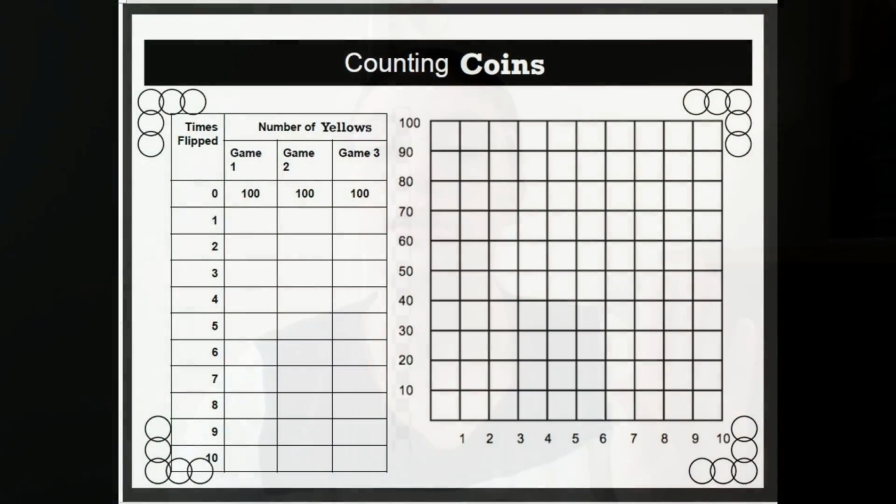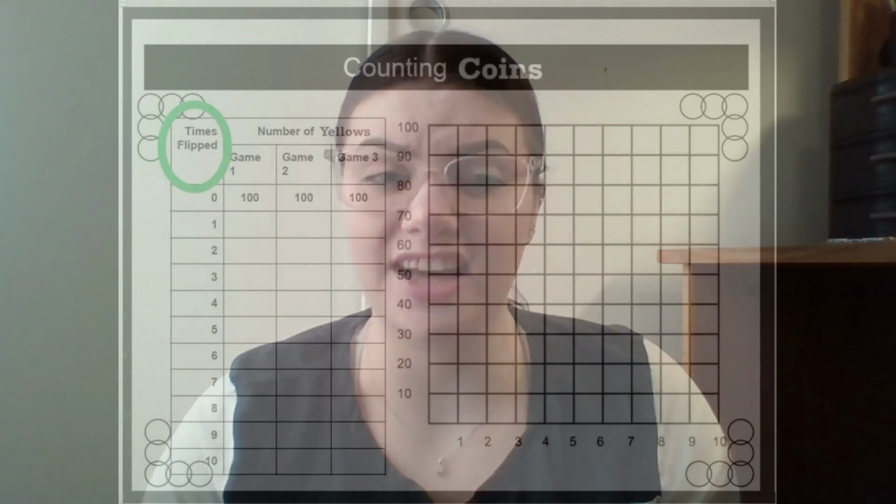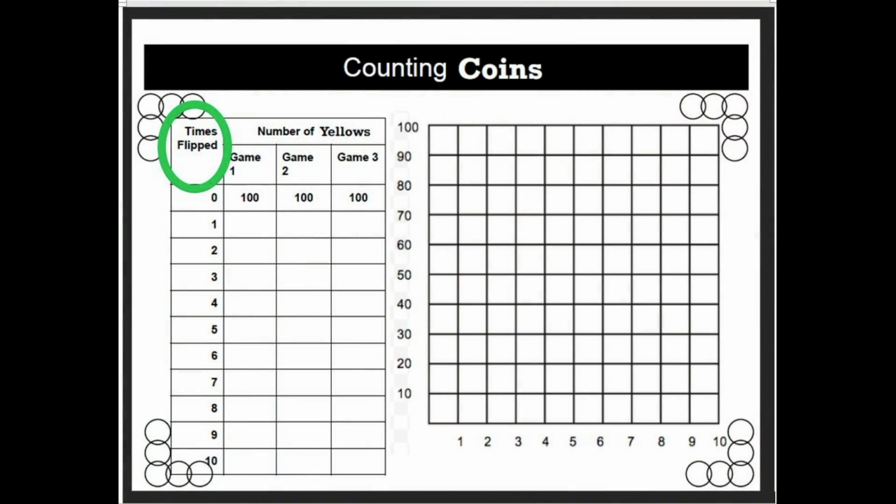Our table, the first column on the left-hand side, says times flipped. Those are your trials or rounds. So when it says times flipped 1, that means I've shaken up my container 1 time.